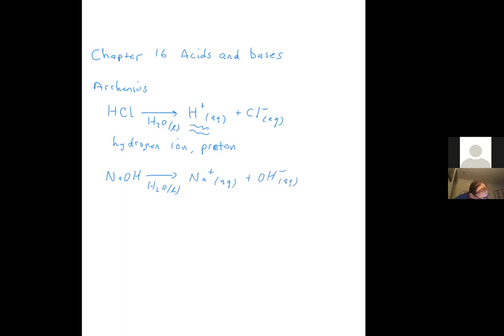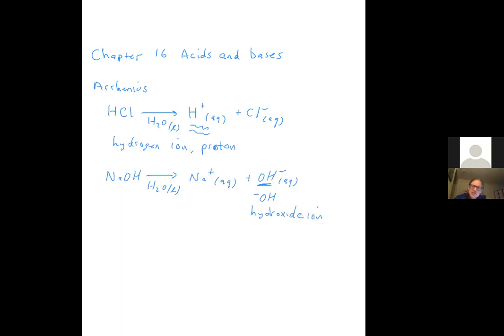Okay, sometimes we write it this way, OH negative. Organic chemists will often write it as negative OH, because the negative charge is really on the oxygen, not on the hydrogen. But this is the more standard way of doing it, at least for this course. This is called the hydroxide ion.